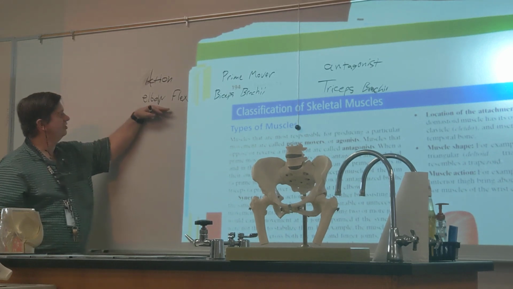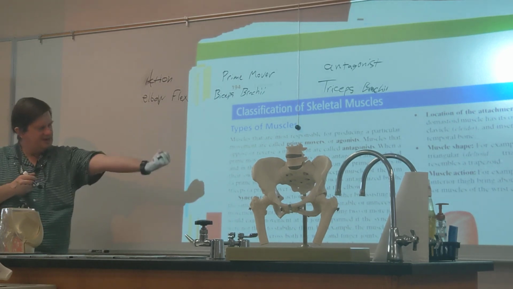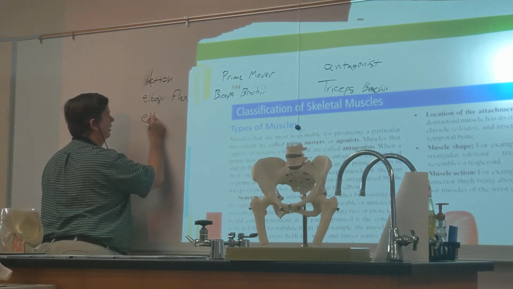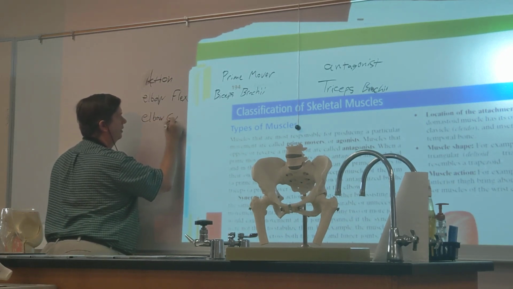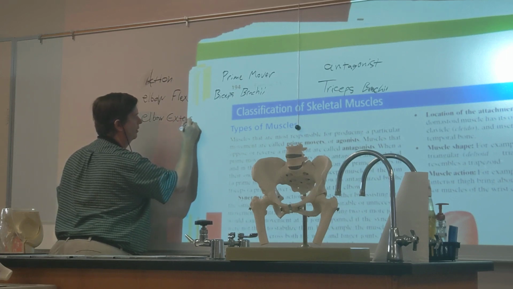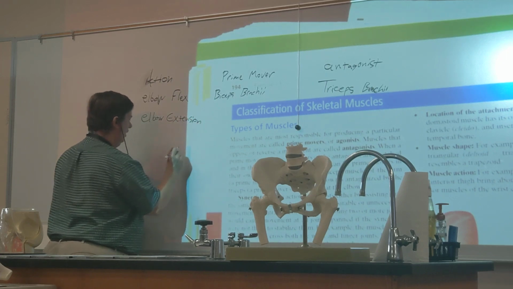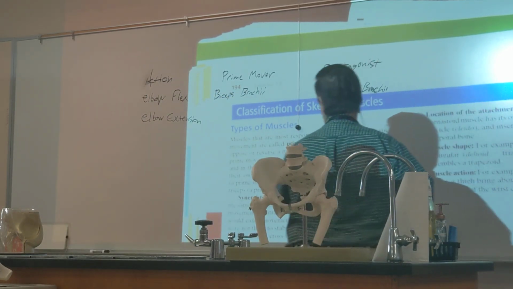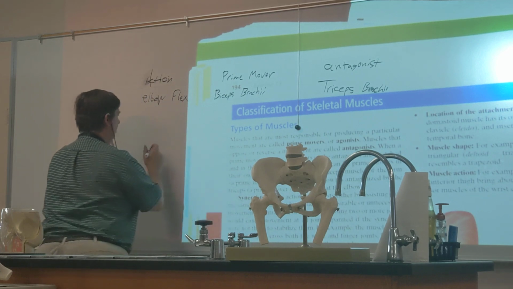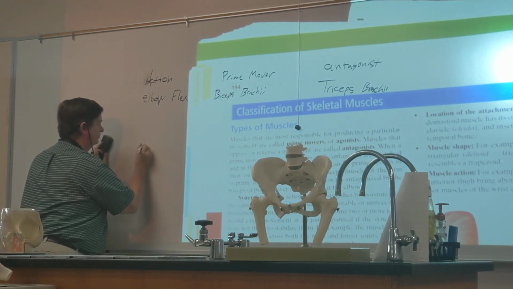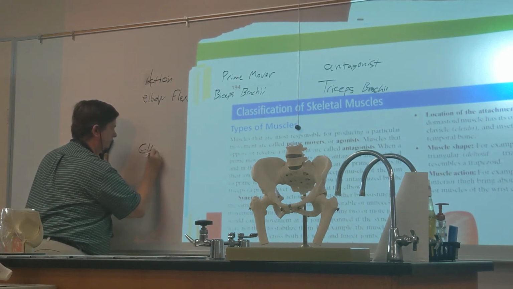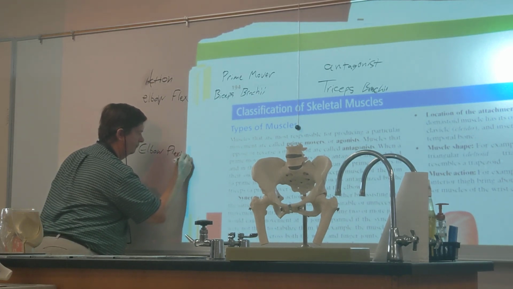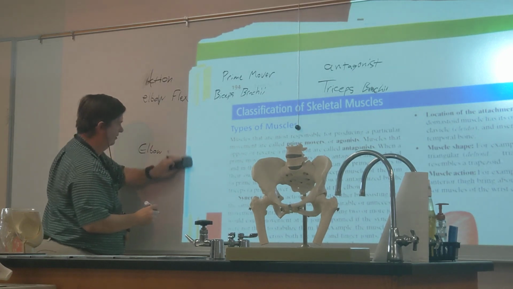But if our action, instead of flexion, were extending the elbow, let's write it down. Actually, I should have left space. I'll write it down lower. Hold on, I'm going to put elbow flexion down here. Extension.